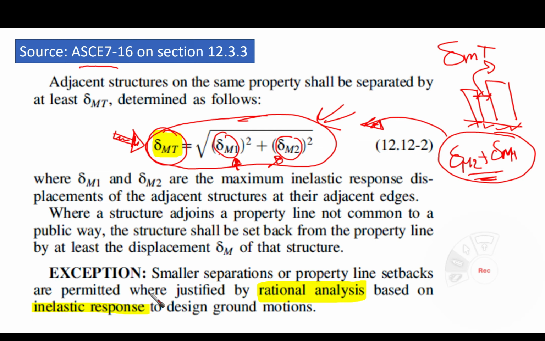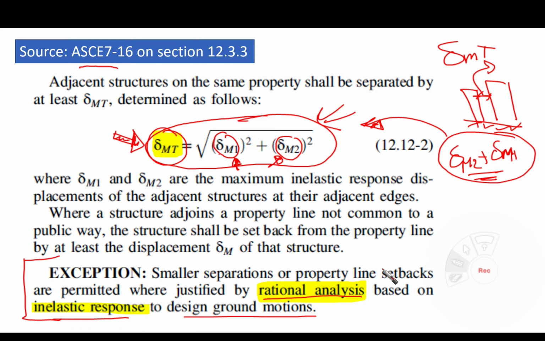Okay, now there is an exception. Smaller separations or property line setbacks are permitted where justified by rational analysis based on inelastic response to design ground motions.